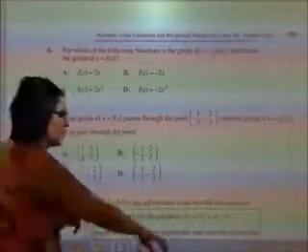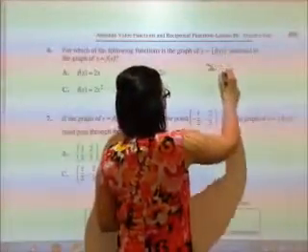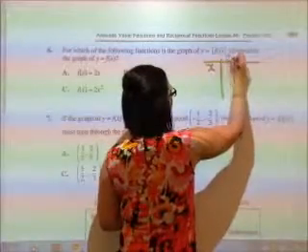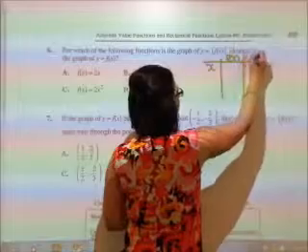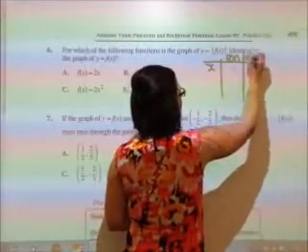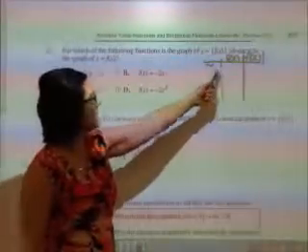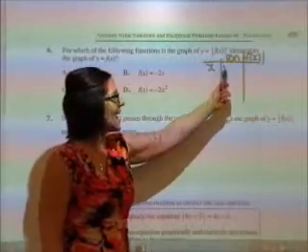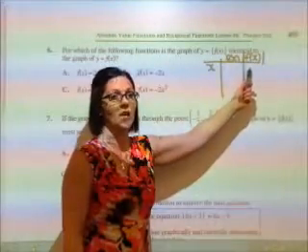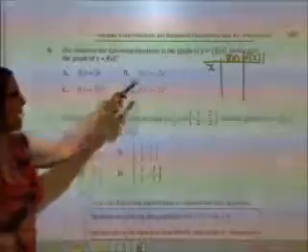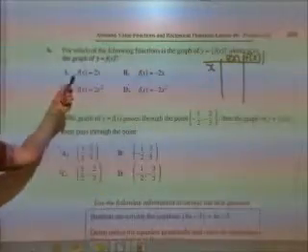In my table of values, if I had f of x and the absolute value of f of x, what I'm looking for is if I have a negative f of x value, when I take the absolute value, I'm going to get a positive answer. So when do I get these negative f of x values?